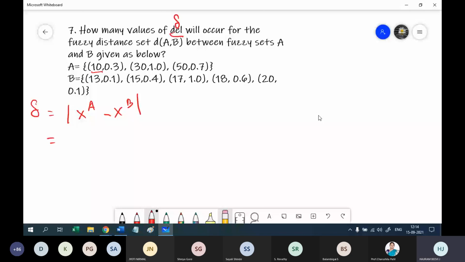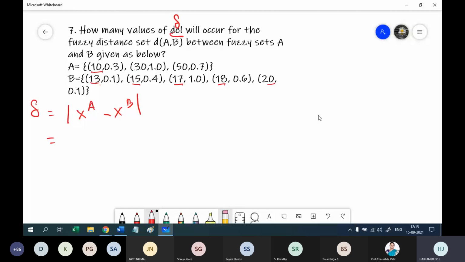Then 30 with 13, 15, 17, 18, 20. Then 50 with 13, 15, 17, 18, then 20. So we have to find the distance between each and every point and the other set.